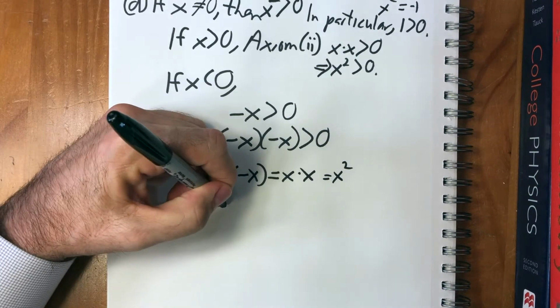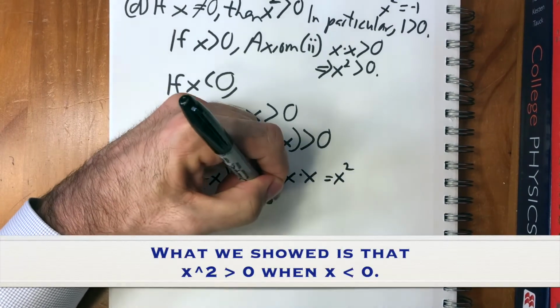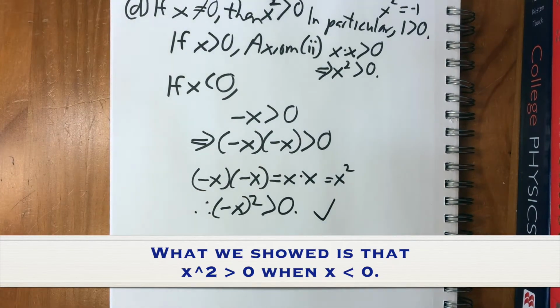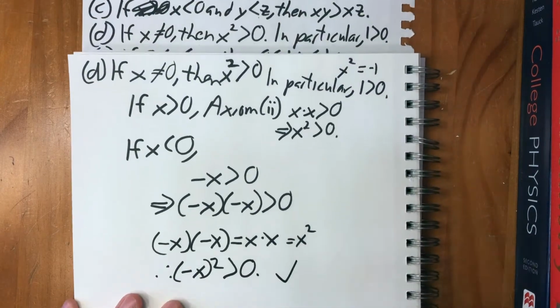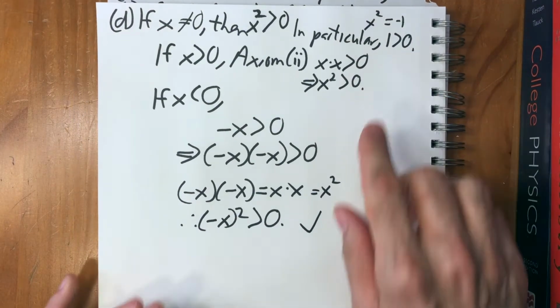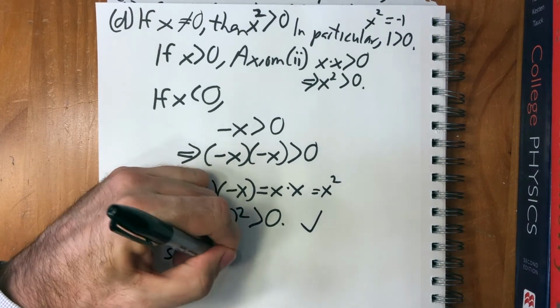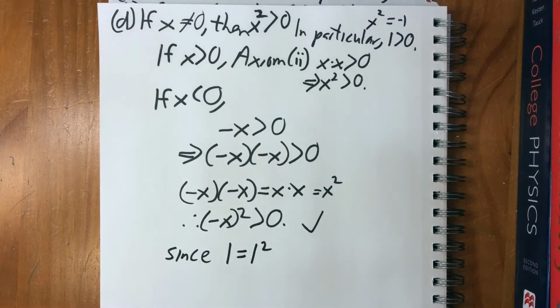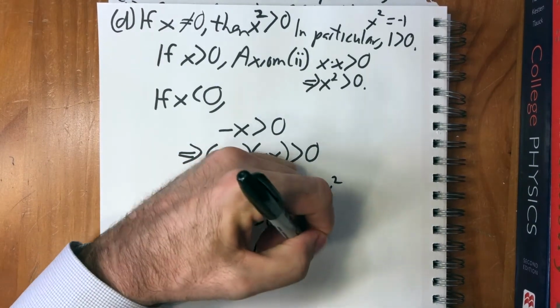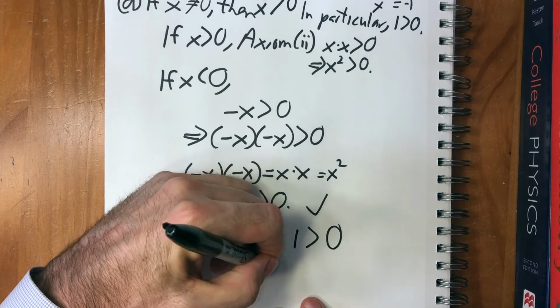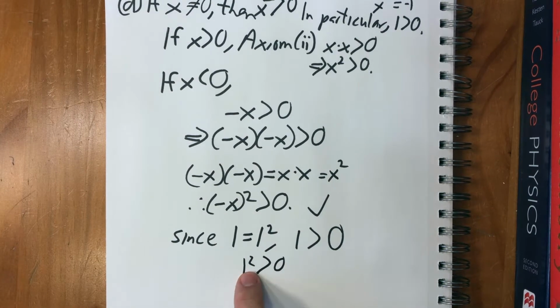So we just showed that minus x times minus x is greater than 0, and we know already that minus x times minus x equals x squared. Therefore, x squared is also greater than 0. Finally, the last thing we're showing is that 1 is also greater than 0, which is clear now because since 1 equals 1 squared, we know that 1 squared is greater than 0, and 1 squared equals 1.